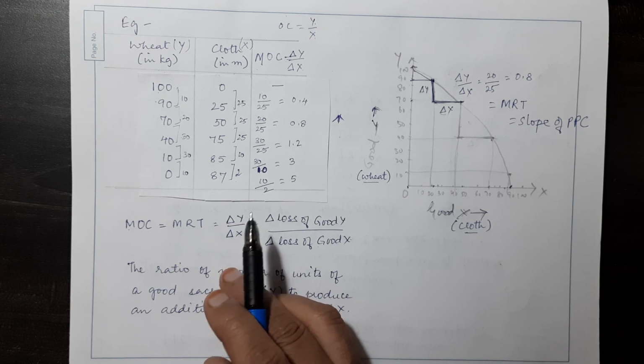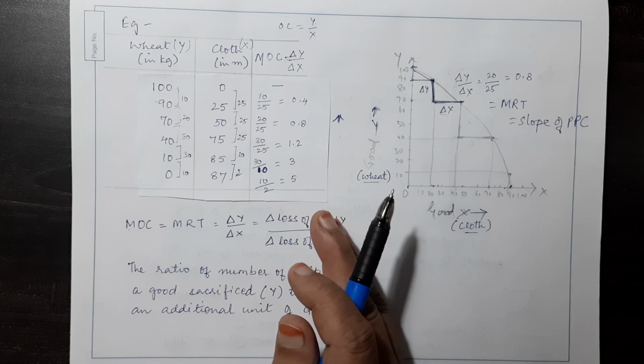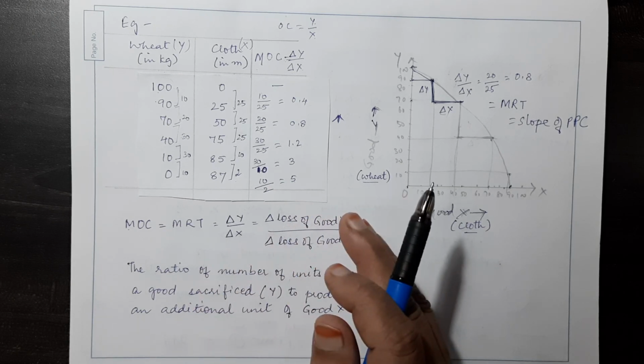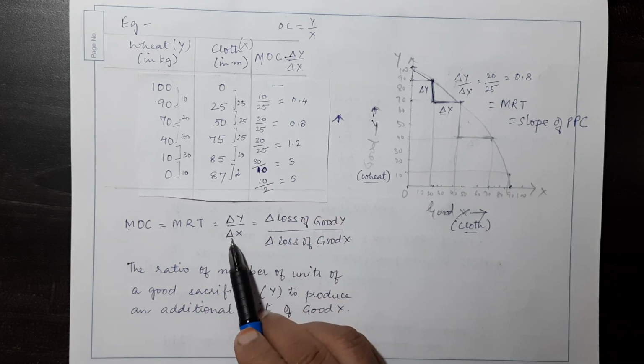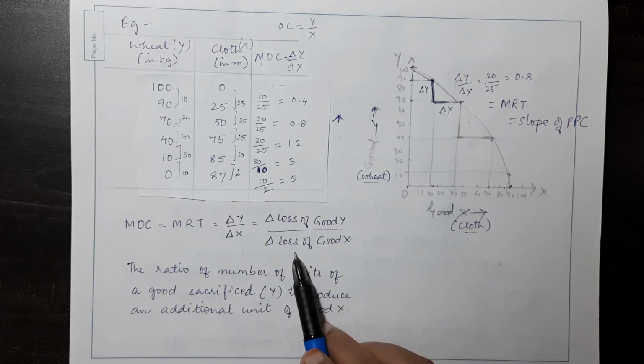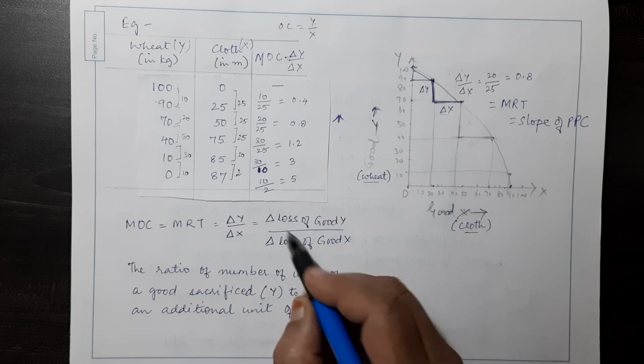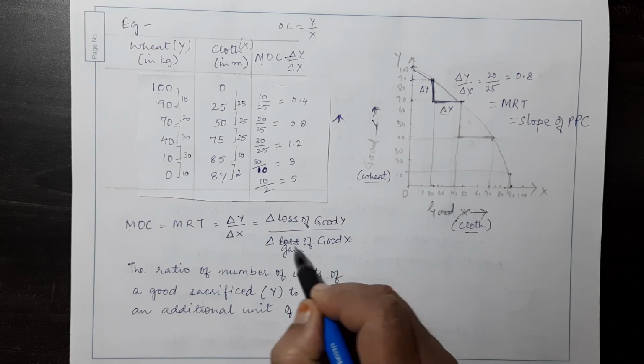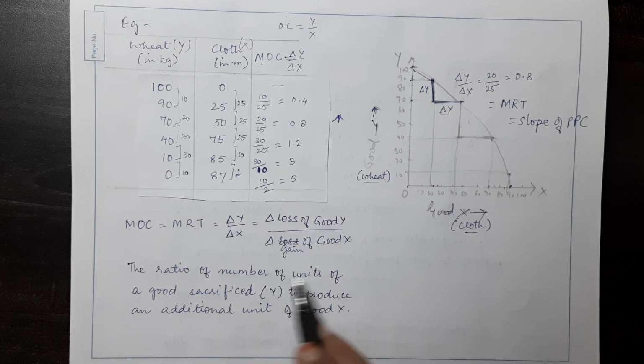We are transforming or transferring the resources to produce good X. So delta Y by delta X is also equal to loss of good Y divided by gain of good X. So the ratio of the number of units of a good sacrificed to produce an additional unit of good X gives us the marginal opportunity cost.